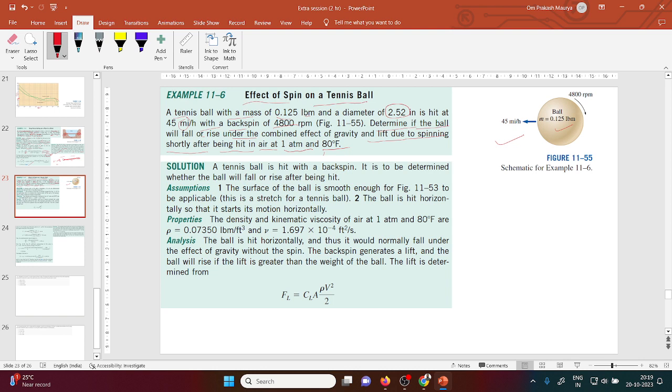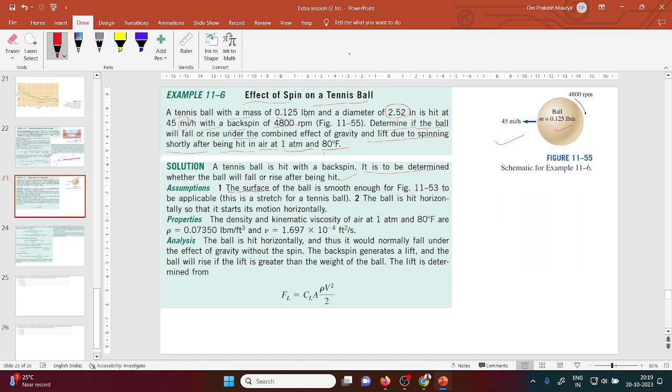A tennis ball is hit with a back spin, and it is to be determined whether the ball will fall or rise after being hit. So this is your question.